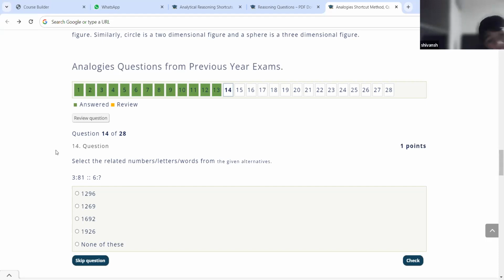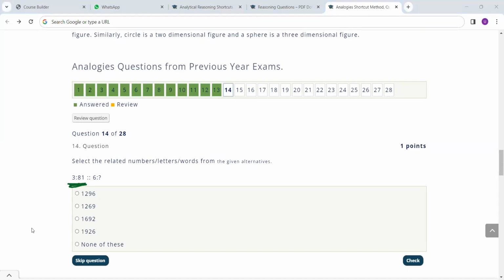So is it a simple question? Right. Yes, it is. See, if this number is given with 3, that means there is some kind of correlation between 3 and 81. There could be a relation. 3 times 27 is 81.